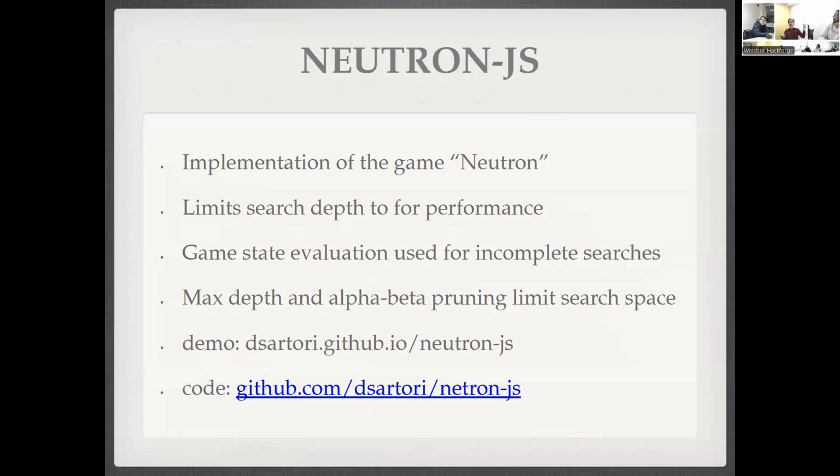So the challenge is that your AI is now only as good as your evaluation. And Neutron is a pretty novel game. I've played a few hundred games of it. I have an idea of what a good board looks like from the perspective of each player, but I don't know for sure that I've got optimal strategies there.